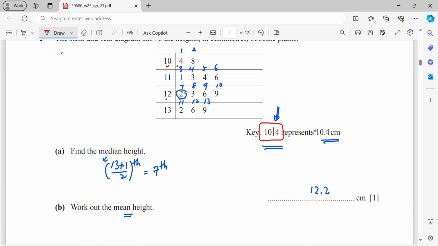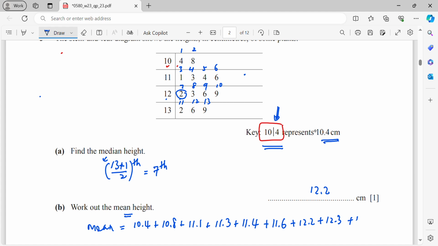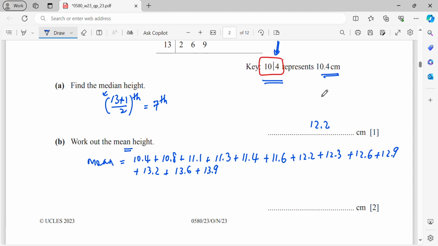Then mean equals 10.4 plus 10.8, plus 11.1, plus 11.3, plus 11.4, plus 11.6, plus 12.2, plus 12.3, plus 12.6, plus 12.9, plus 13.2, plus 13.6, plus 13.9, and there are 13 data here. All of this divided by 13.